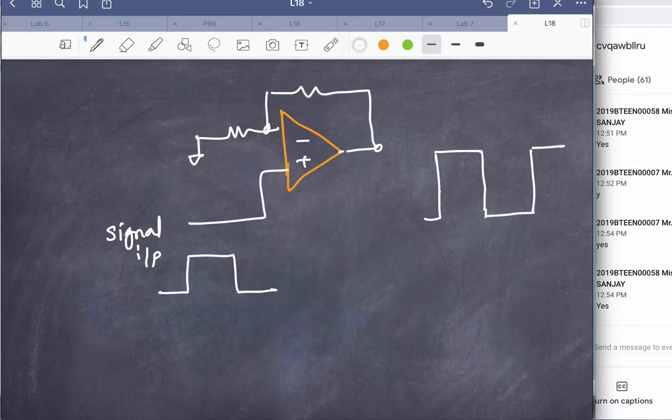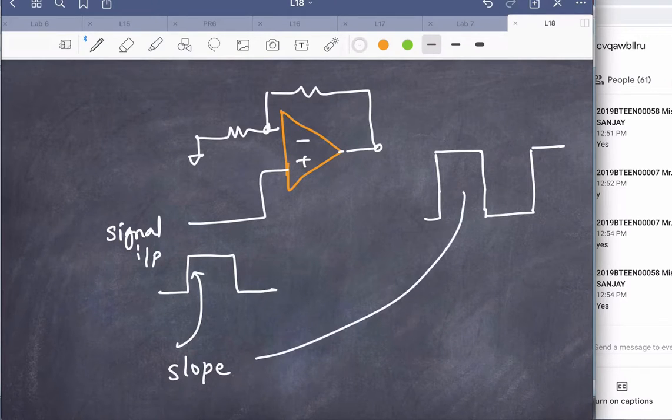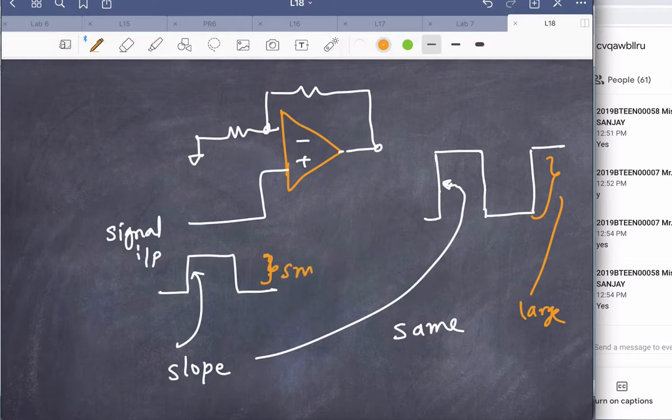It means the slope of this and the slope of this should be the same, because we want the same signal, only the amplitude will be large, and this will be small, because this is the input signal. I hope you are understanding.